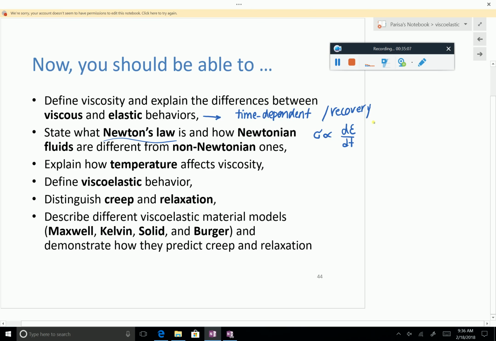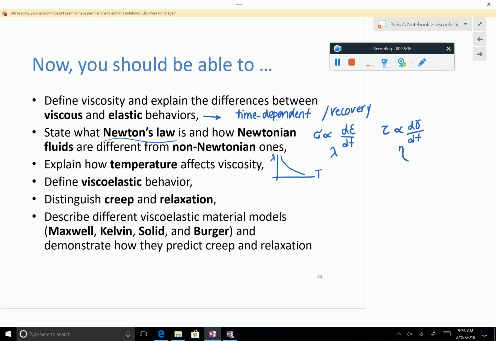This can be normal stress or shear stress, and this proportionality, we call viscosity. Temperature reduces viscosity. We learned that if you increase the temperature, the material becomes less viscous, it flows easier, because viscosity, remember, is the resistance to flow.